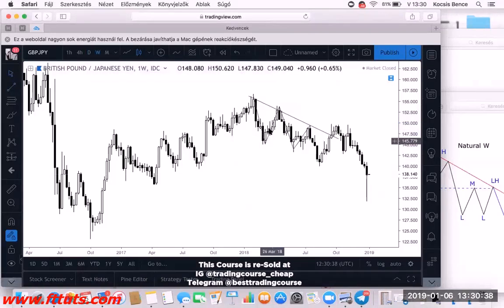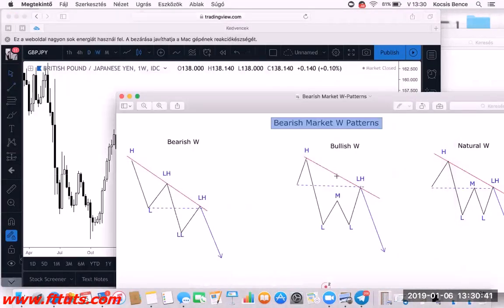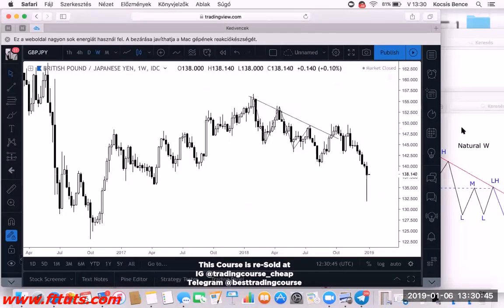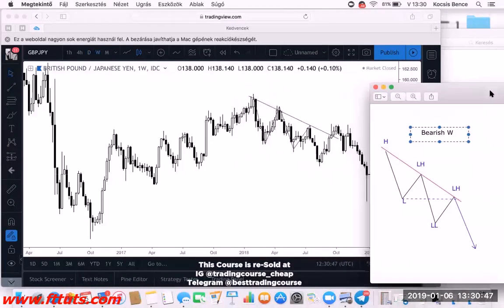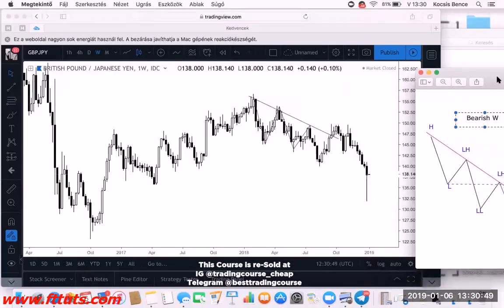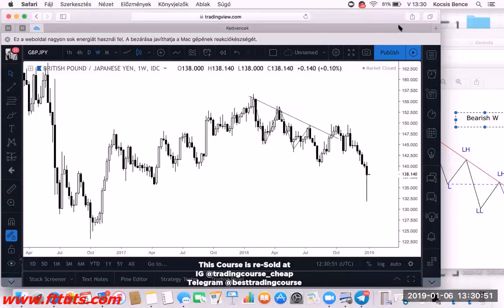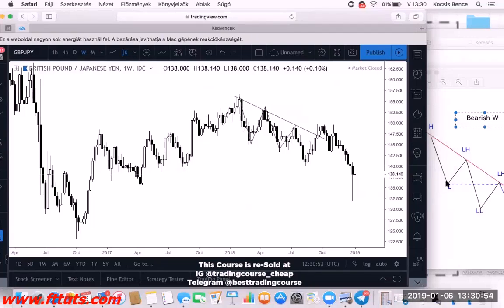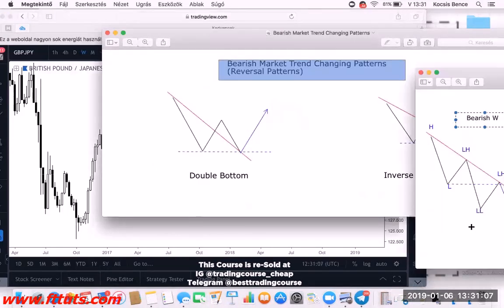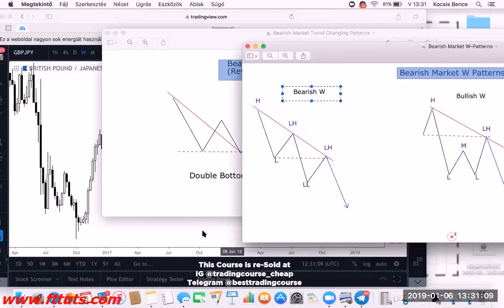The first pattern on the bearish market is the bearish W. I moved it on the side and you can find it in the same way. Down, up, down, up. So high, low, lower high, lower low, lower high. And after the lower high, the price continues to the downside.